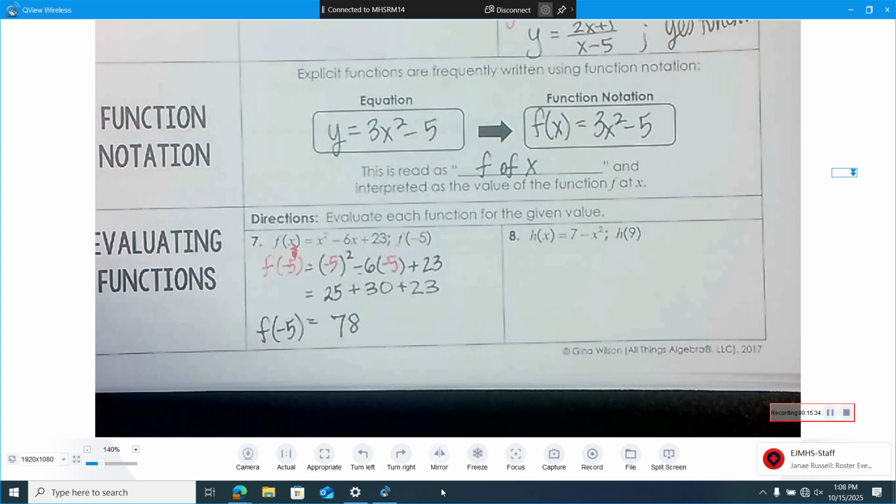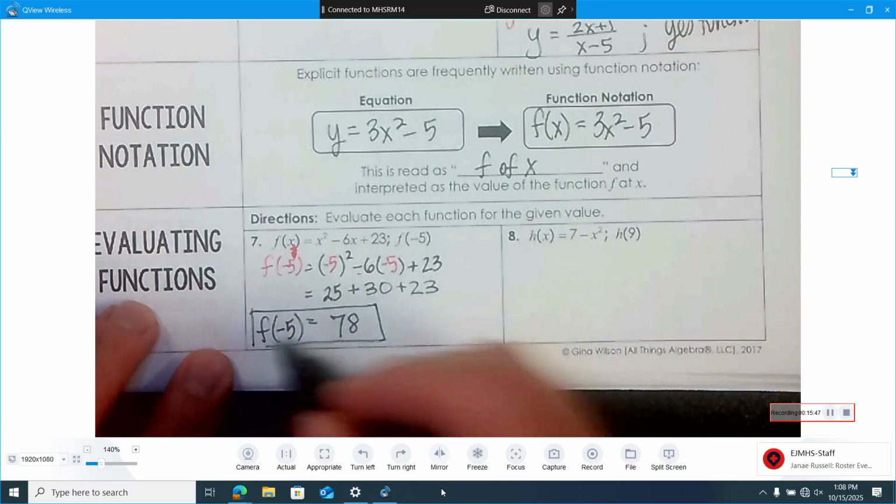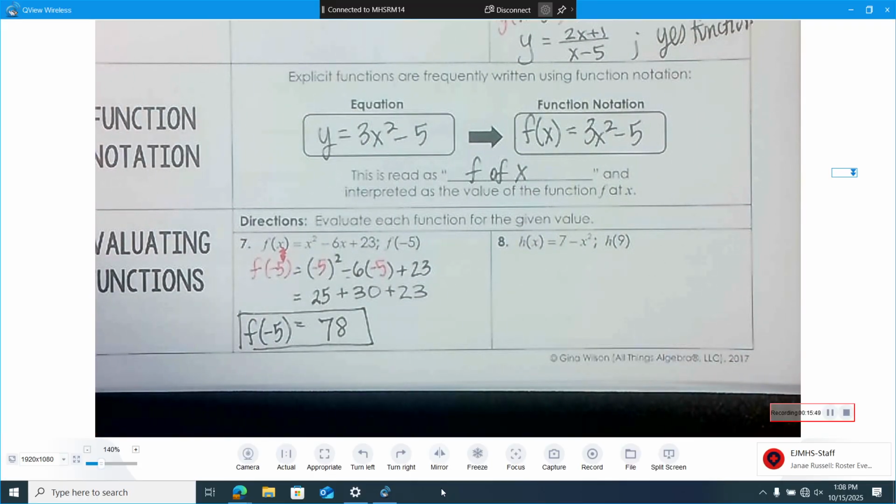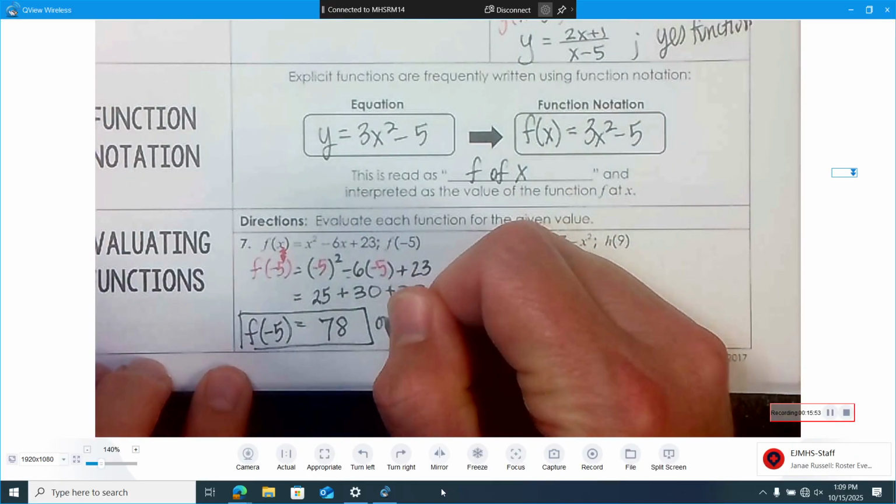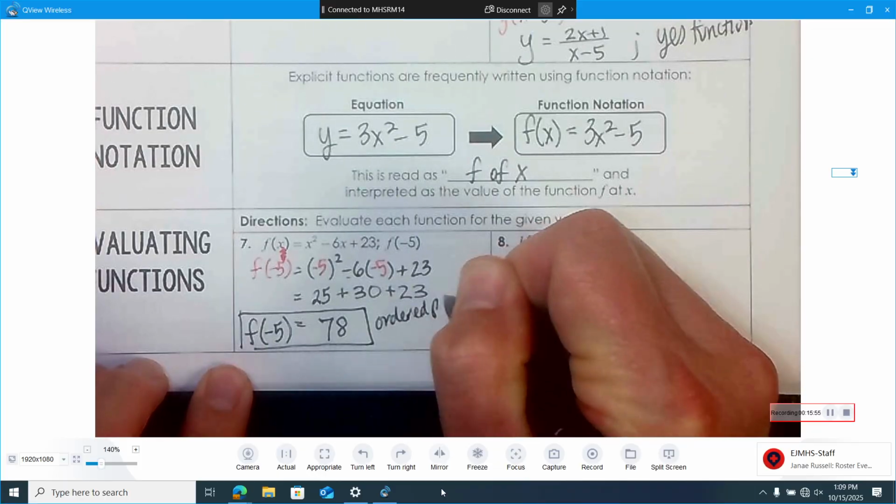Now this is really important, you understand this is notation. Is this saying f times negative 5 is 78 and I need to go divide by negative 5? Do I need to do that? No, this is done. The reason we like function notation is because what I just learned is that this is an ordered pair on my graph.